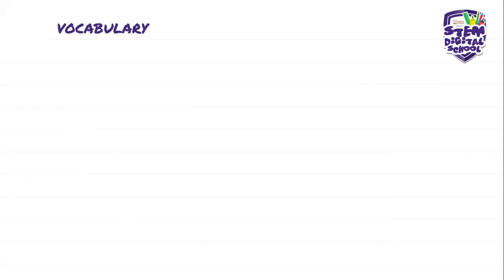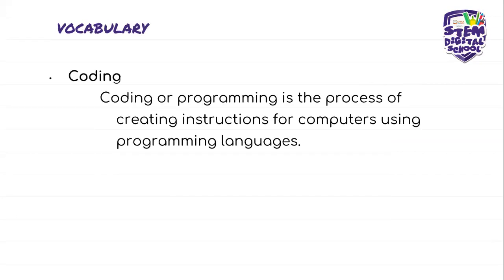Let's quickly do our vocabulary. I'm just going to run through this. I like running through this every day just so that we can solidify it in our minds. Coding or programming is the process of creating instructions. Okay, it's how we speak to our computer or our program.